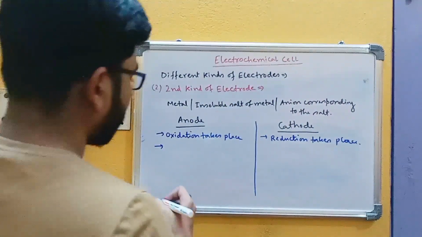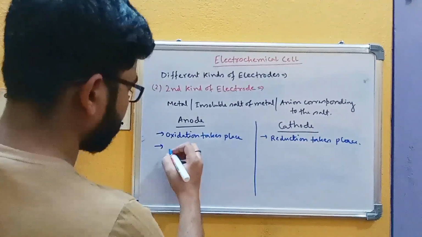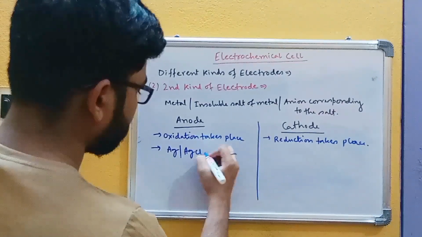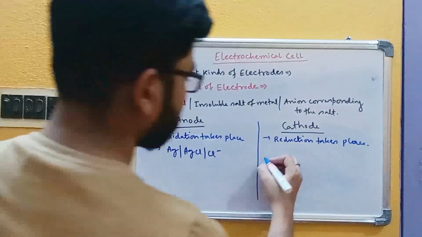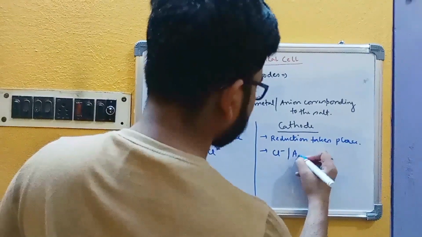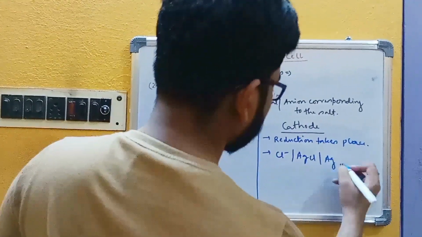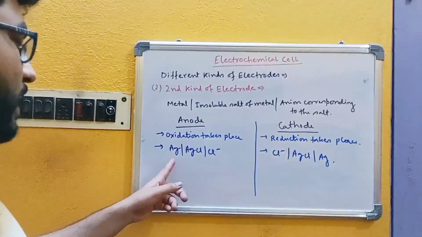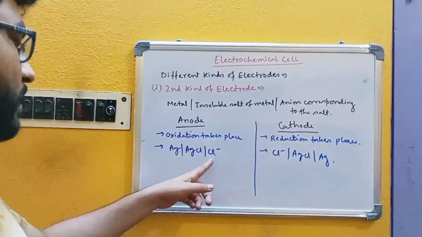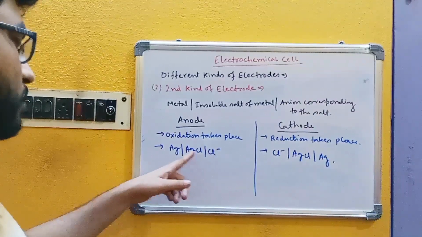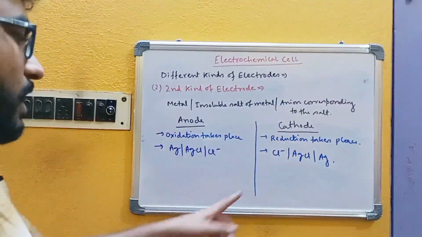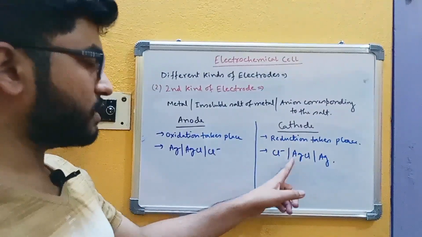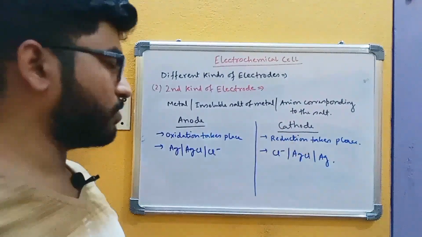So if we write the silver electrode where oxidation takes place, Ag, AgCl, Cl minus. Here Cl minus, AgCl, Ag. So if we write in such a way Ag, AgCl, Cl minus, that means oxidation takes place here, so it will act as anode. And if we write in such a way Cl minus, AgCl, Ag, that means reduction takes place here, so it will act as a cathode.